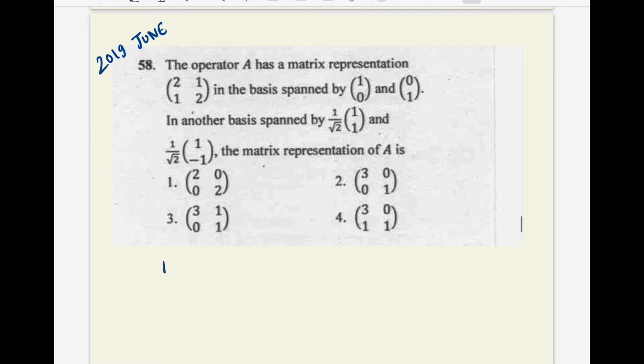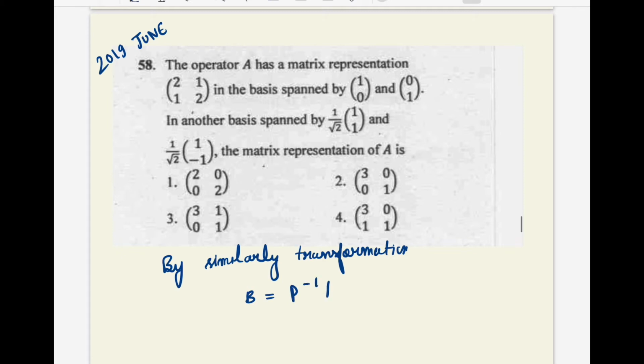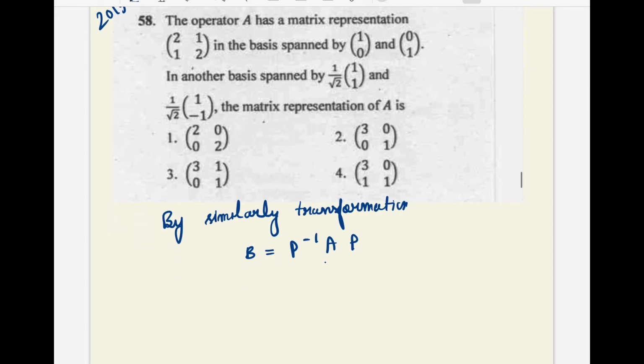So by similarity transformation, A is transformed from one basis to another basis, so B equals P inverse A P. P is a unitary matrix and A is the representation in the earlier basis. Whatever basis we now want, we will multiply with P. Now we will do it, then you will get to know what P is.